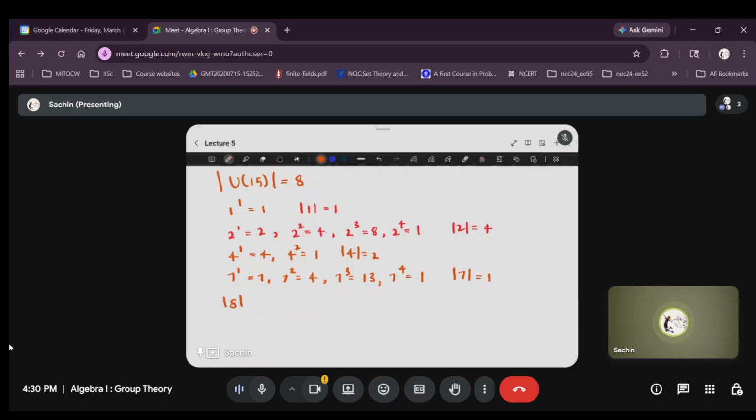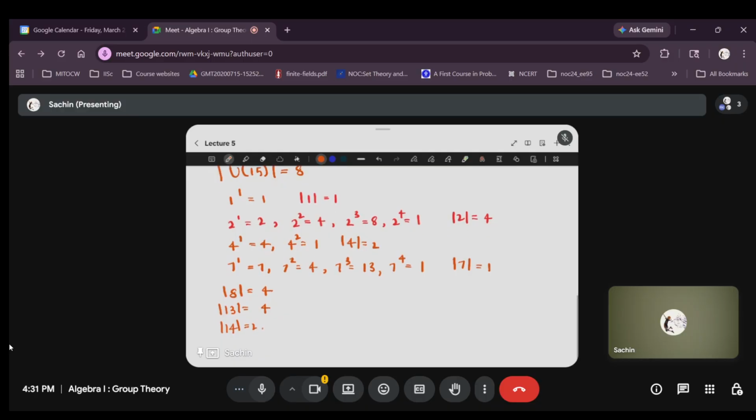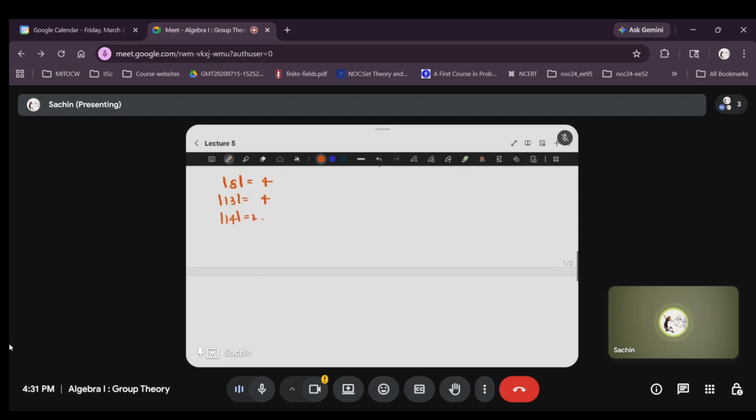You can check that the order of 8 is 4. The order of 13 is also 4. The order of 14 is 2. So a trick to make these calculations easier for larger numbers like 14 and 13: 14 is equal to minus 1 mod 15.